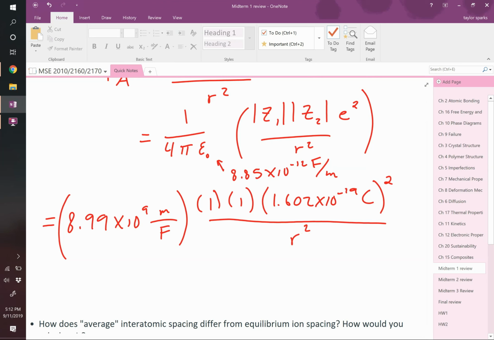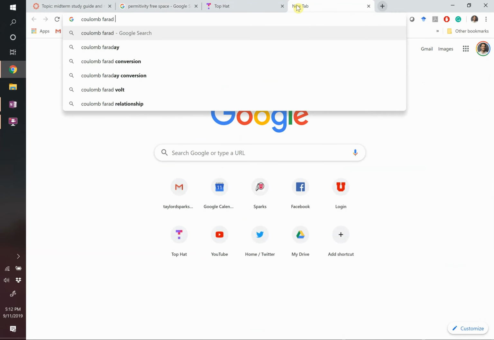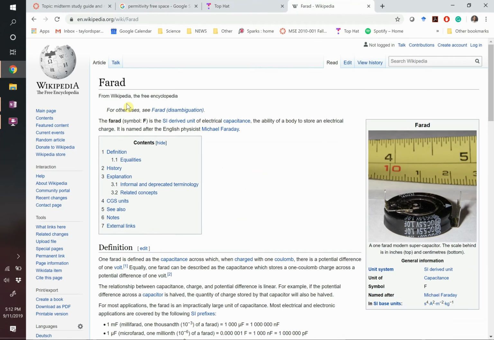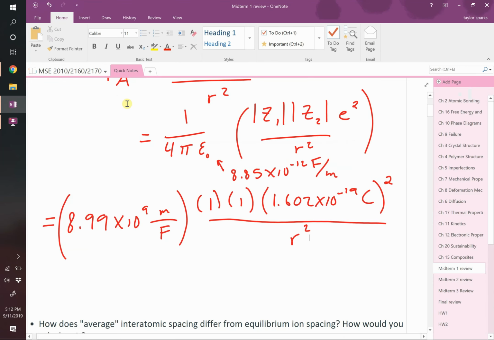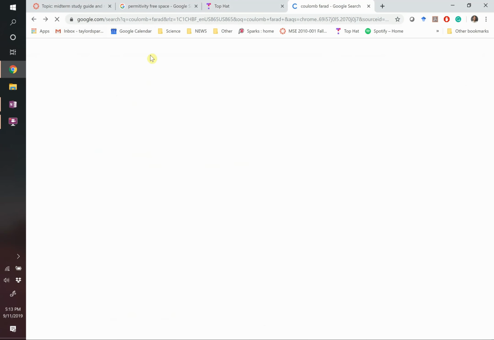If you do this, what's a Coulomb equal to with farads? Somebody help me with that. Coulomb, farad, conversion. What is that? And we're going to have to turn it into newtons at some point anyway, so let's go ahead and throw newtons into that.